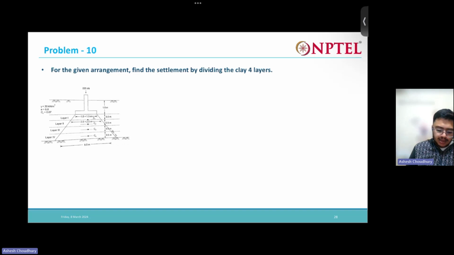First, try to do that at least for the first layer. For layer one, try to do that. Quite simple actually.